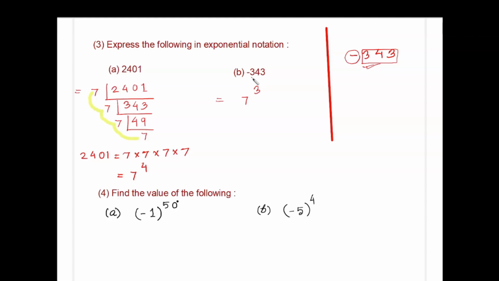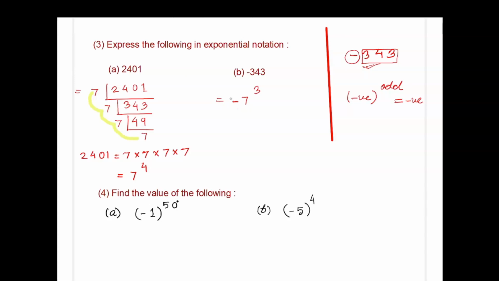But now see, in the question, here the answer is negative. And we know that negative power odd always gives us a negative number. Now say the answer is negative, so the base would be negative.